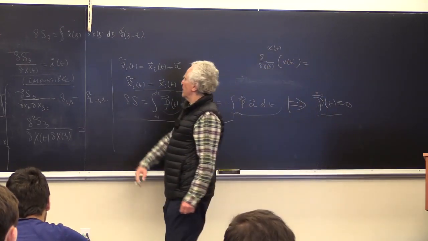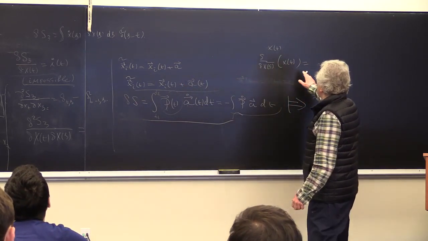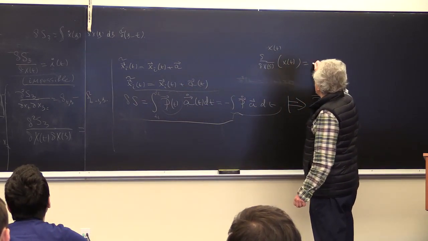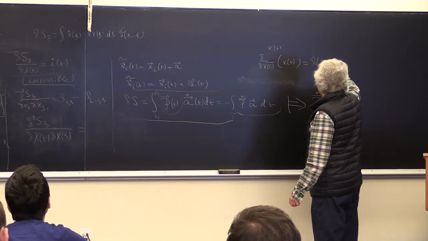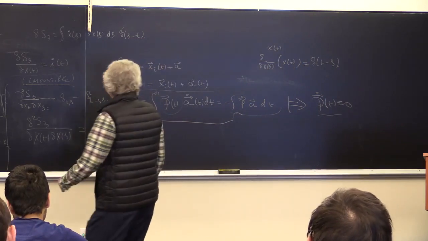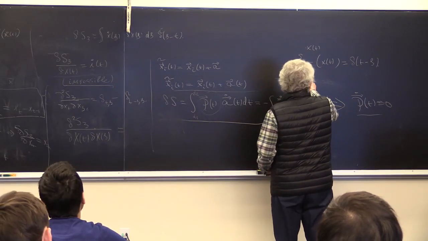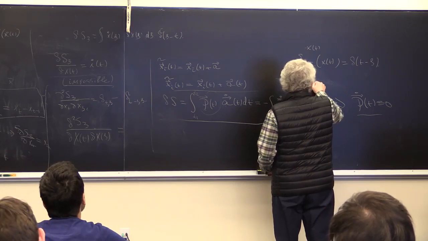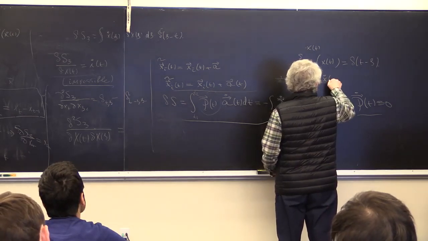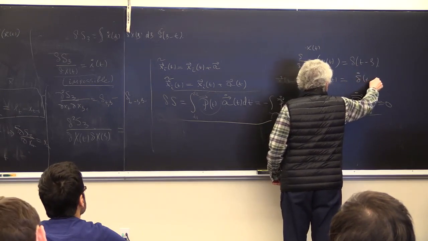Well, it's just the delta function. Now, when you differentiate it with respect to t, you get delta dot of t minus s.